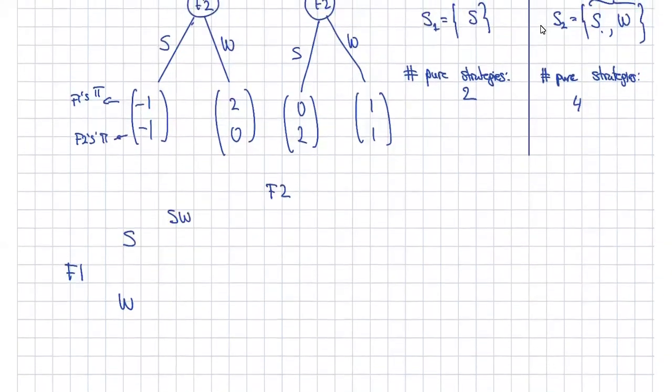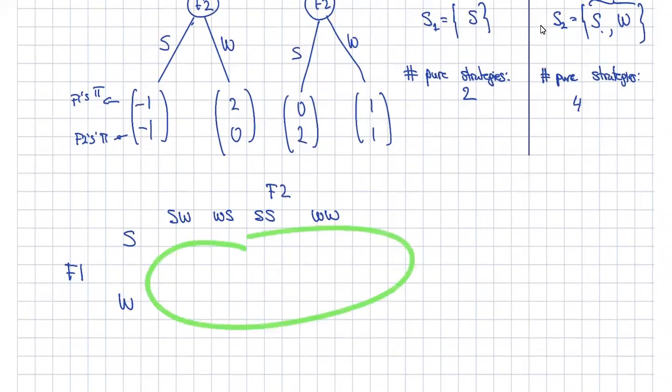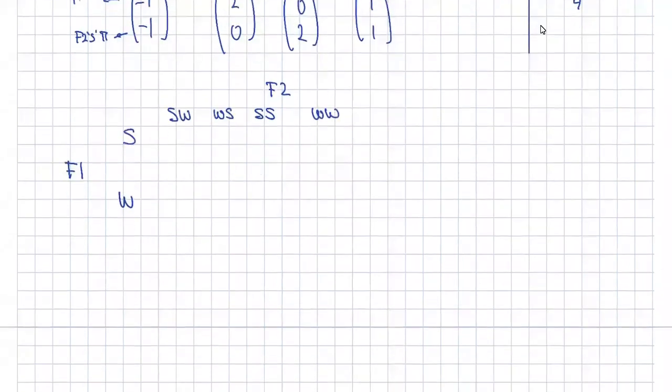So it could be SW, WS, SS, WW. And from there, I can figure out the payoffs that would come up from those combinations of strategies. But my goal was just so that you can learn how to count this profile of strategies.